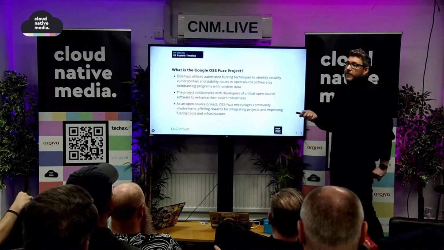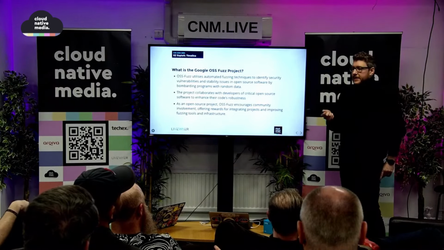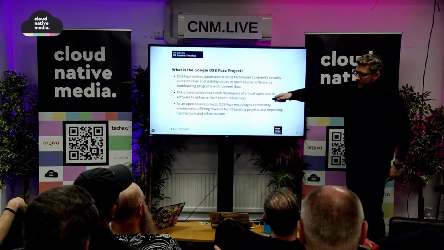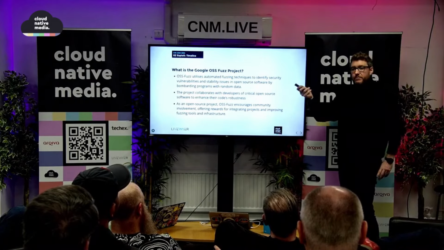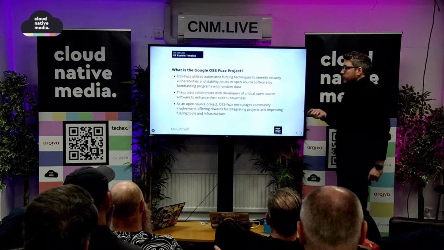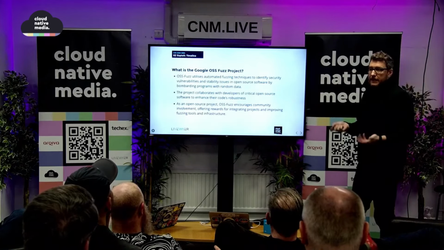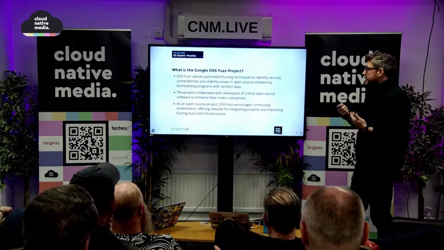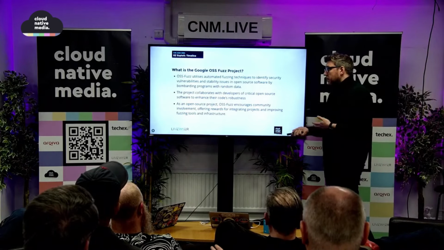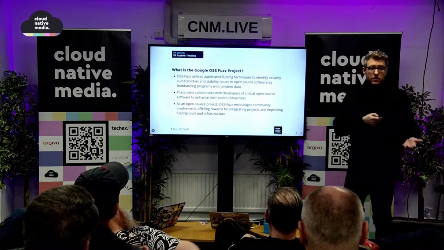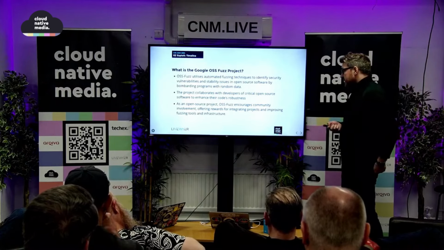It's kind of the equivalent of lock picking, where you keep trying, something's going to happen, and then maybe something does. It's run by Google, and it's there to allow open source projects to access these types of capabilities. So it's there to help enhance code's robustness and security, right?